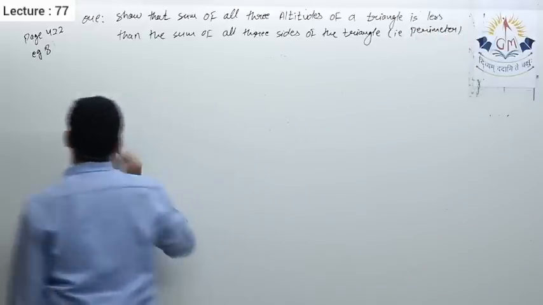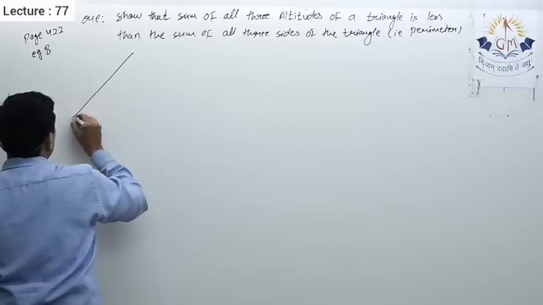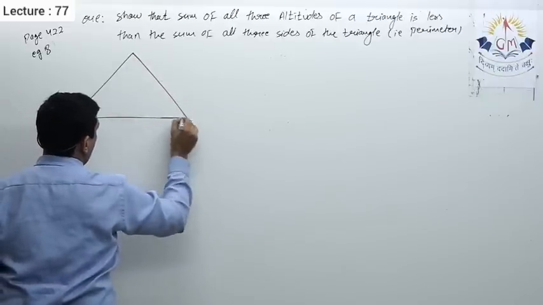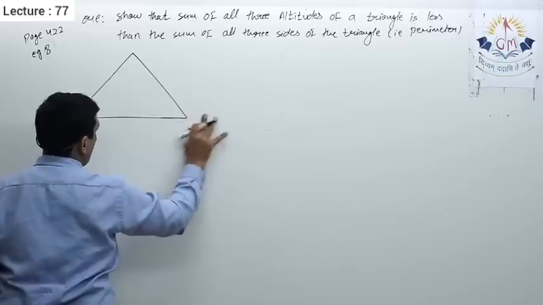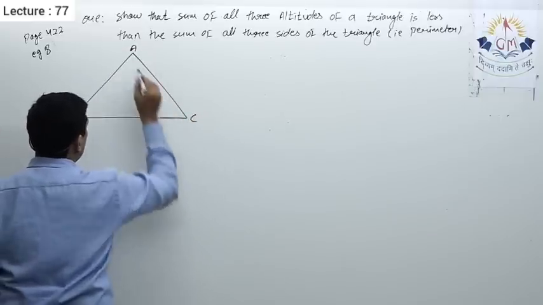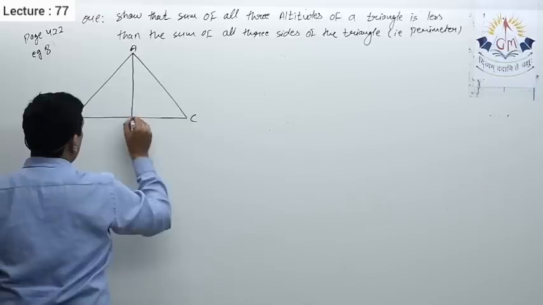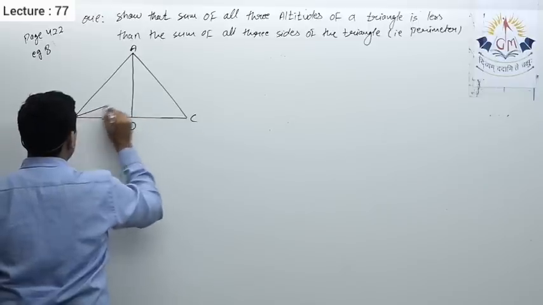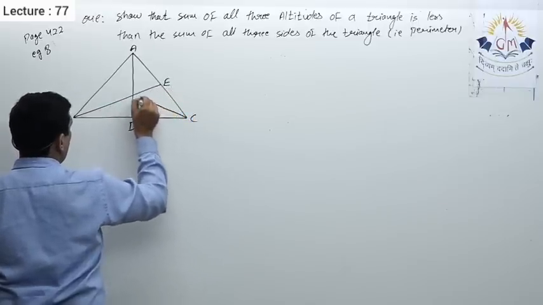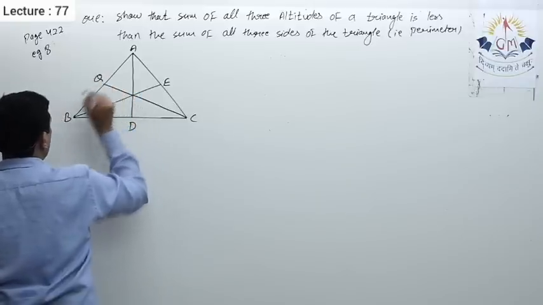Okay, so suppose I have a triangle ABC, and the altitudes are AD, BE and CQ.